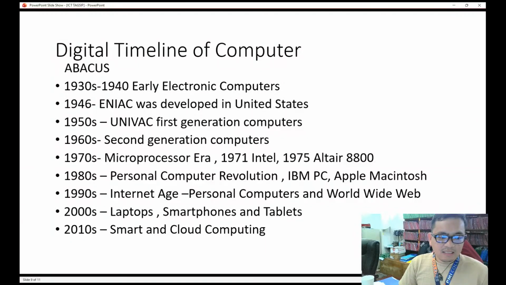In the 1990s, the internet age, personal computers and the World Wide Web. In the 2000s, laptops, smartphones and tablets. And in the 2010s, smartphones and cloud computing.